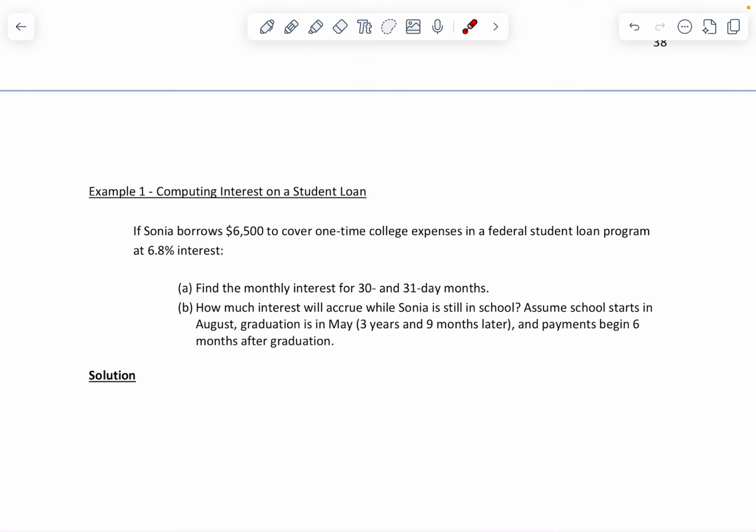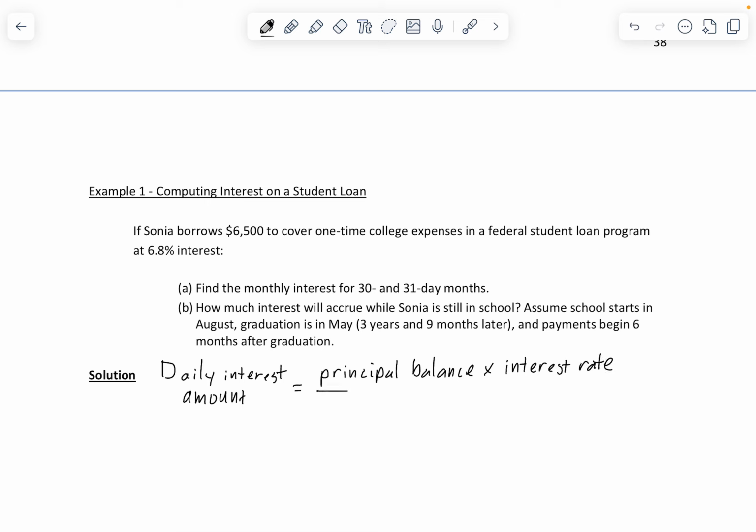Okay, so we're going to do the daily interest amount. This equals the principal balance multiplied by the interest rate, and that gets divided by 365.25.